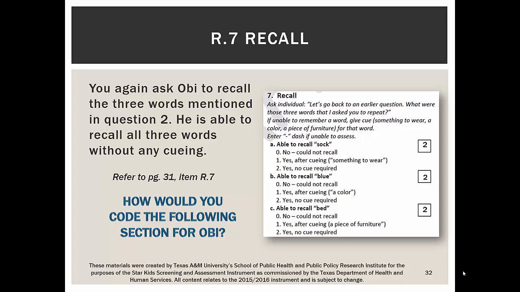So we would code that as 7A, yes, no cue required. That would be a 2. 7B, we would also code with a 2. He remembers with no cue required. And 7C, we would also code with a 2 that yes, Obi can remember with no cue required.